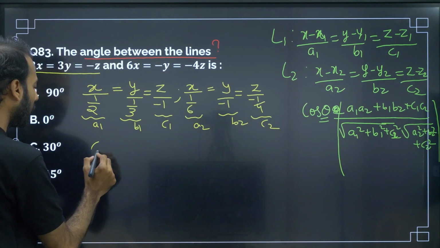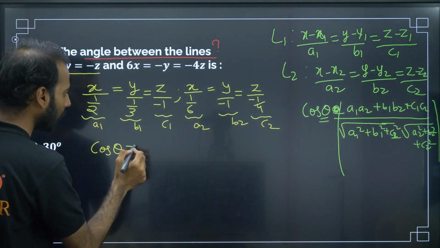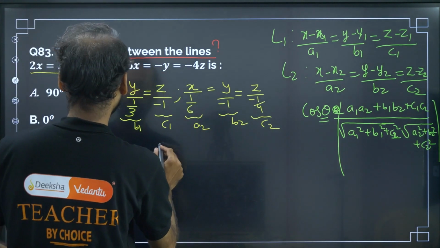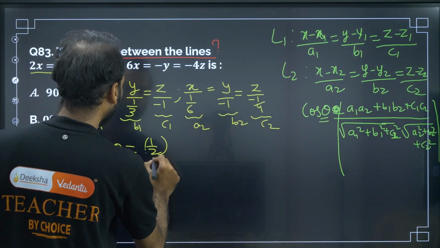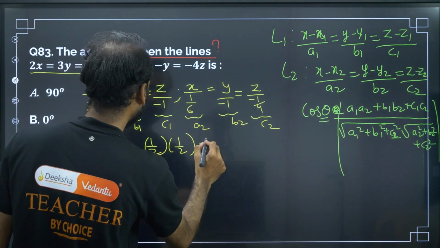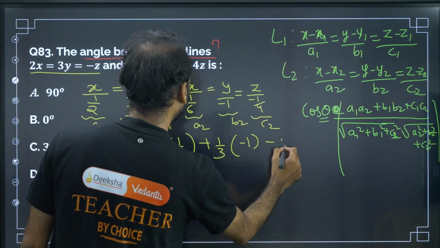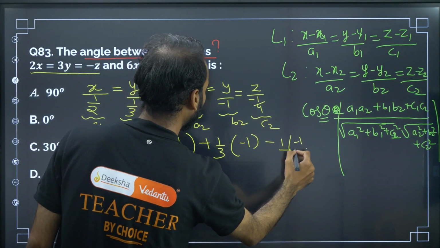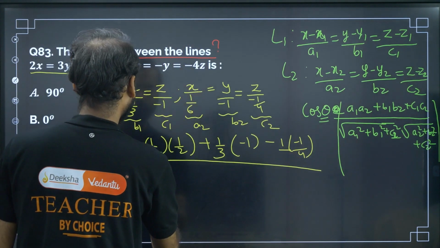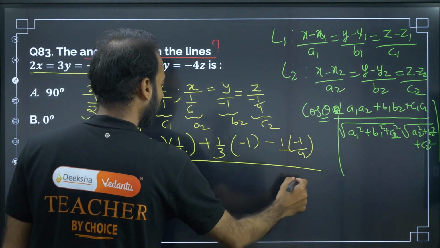So cos theta is equal to a1 a2. If I multiply 1 by 2, 1 by 6, b1 b2 1 by 3 minus 1, c1 c2 minus 1 and minus 1 by 4 divided by all that.